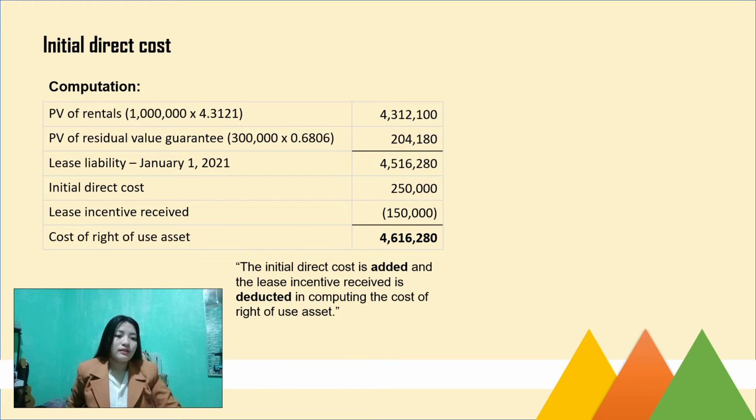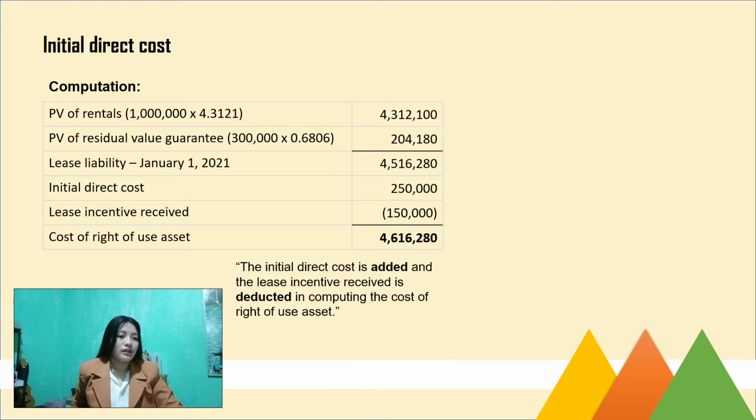4,312,100. So next is the present value of residual value guarantee. We just multiply 300,000 to 0.6806. So yung 300,000, ito naman yung residual value guarantee, given na rin siya dun sa table. Then the 0.6806 is the present value of 1 at 8% for 5 periods.